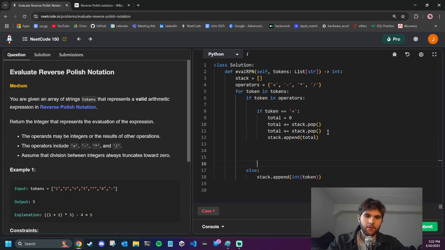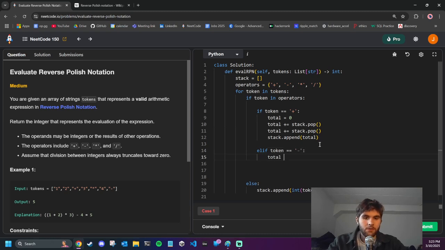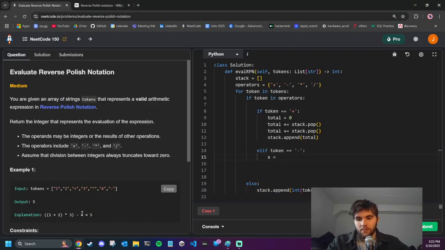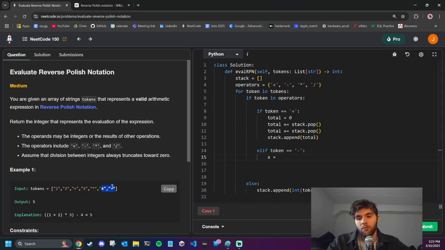And then I'm going to say stack.append total. Do I have to do an else statement for every case? I'm going to do it this way for now before I over-optimize. I'll just say x and y. I'm walking through my thought process with the minus symbol here.